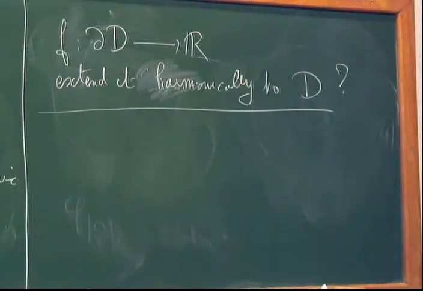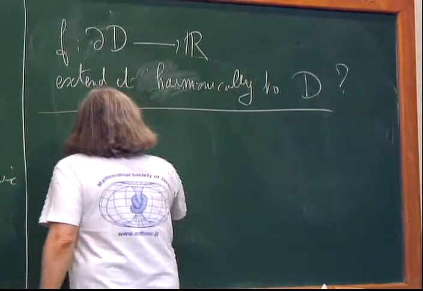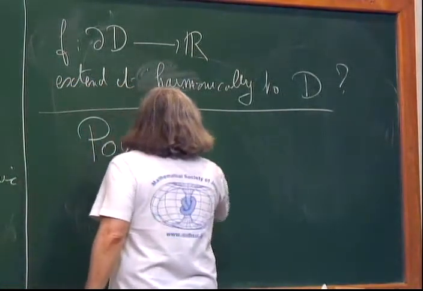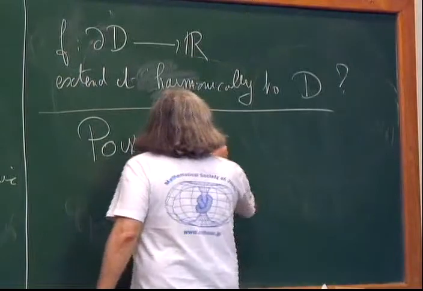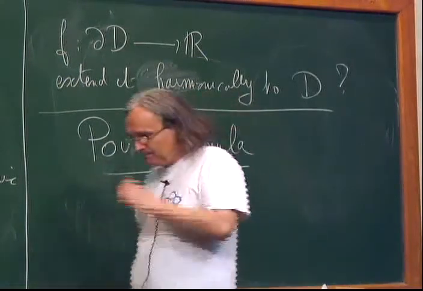What is amazing is that I'm going to tell you that it's easy to do. And what is amazing is that obviously Riemann was not aware of this solution. Today we call that the Poisson formula. I will explain that to you immediately.